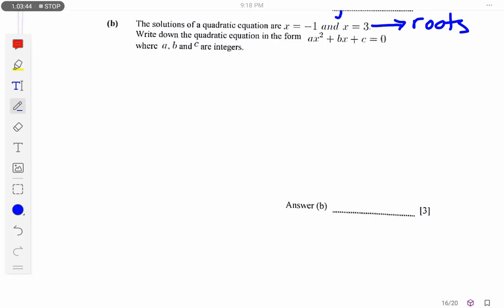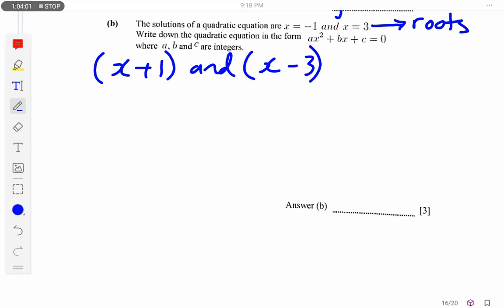So the factors that we can use for this equation are going to be x plus 1, because we have minus there, and we also have x minus 3. These are the factors that we have.